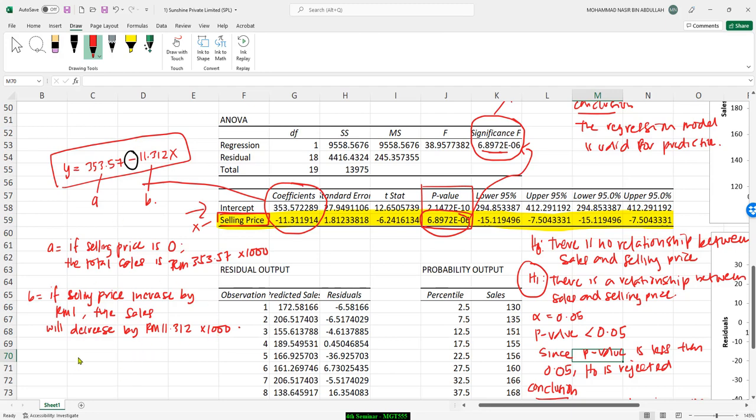So let's say if we got this equation, right? Y equal to 353.57 plus 11.312x, right?